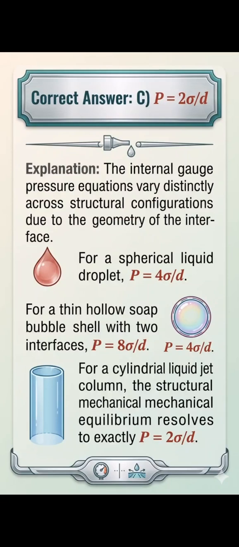For a spherical liquid droplet, P = 4 sigma by d. For a thin hollow soap bubble with two interfaces, P = 8 sigma by d. For a cylindrical liquid jet column, the mechanical equilibrium resolves to exactly P = sigma by d.